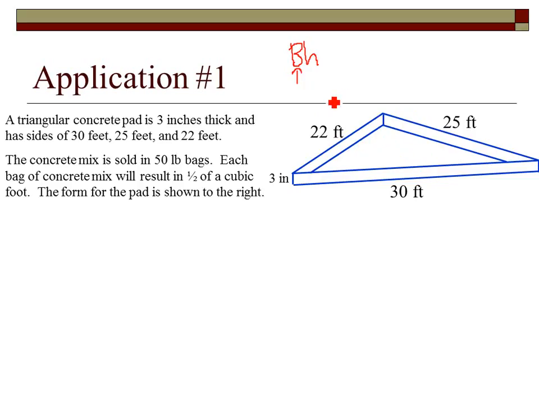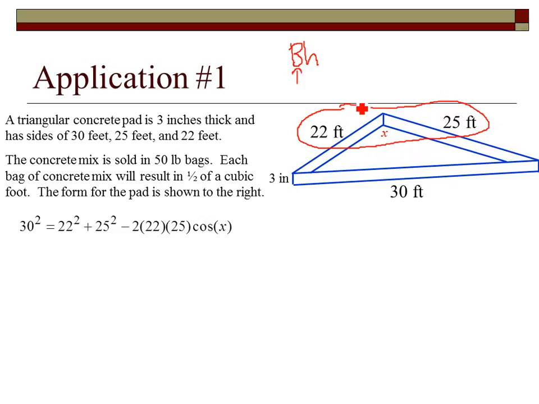I need to find an angle. You could choose any angle you want, but I'm just going to choose the one right here between the 22 and the 25. Again, I'm going to need to use the law of cosines to figure out this angle. There's my side-angle-side, and that's what I need to get my area.